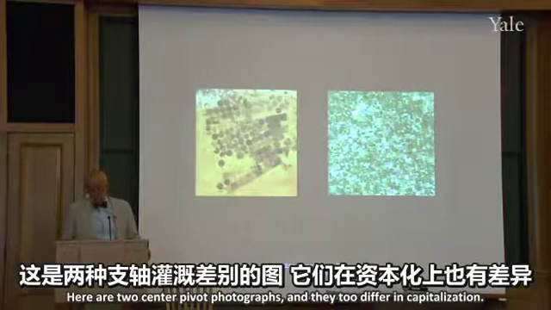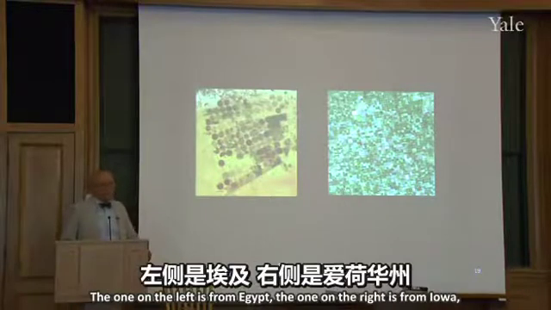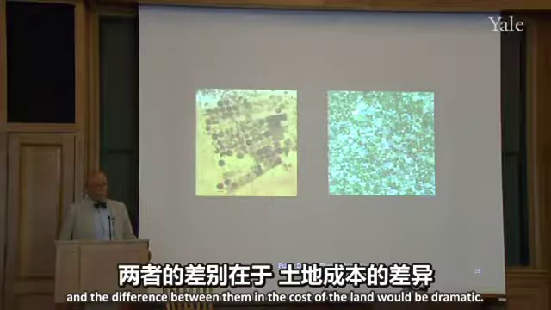Here are two center pivot photographs, and they too differ in capitalization. The one on the left is from Egypt. The one on the right is from Iowa. And the difference between them in the cost of the land would be dramatic.